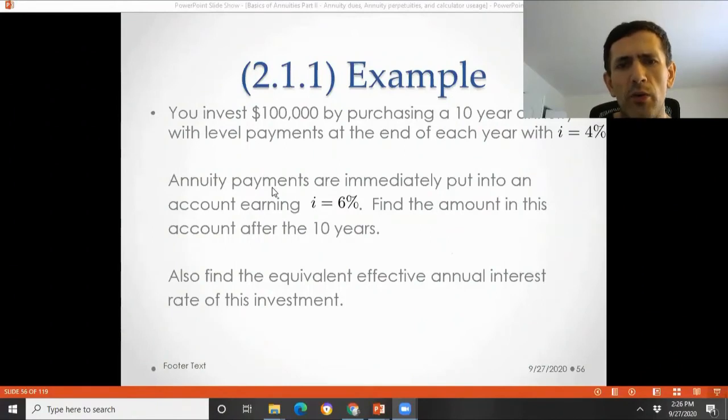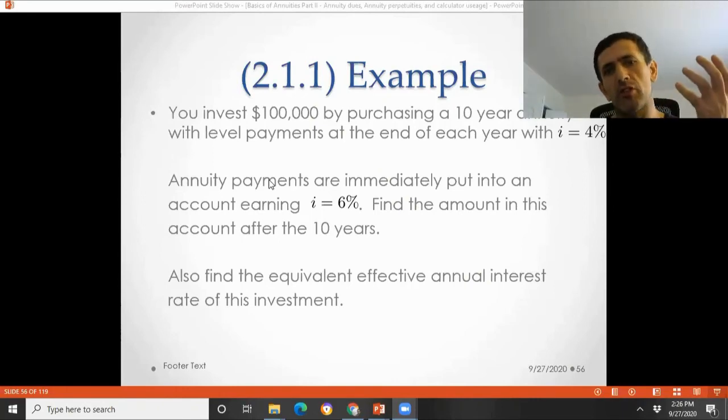We've found what these annuity payments are. So now we're putting in at the end of each year for 10 years these payments that we know into an account earning an interest rate that we know. So we just have to use the annuity formula again for the accumulated value.